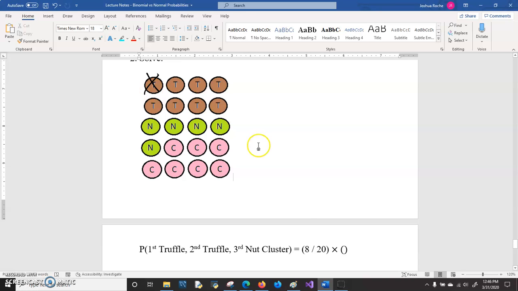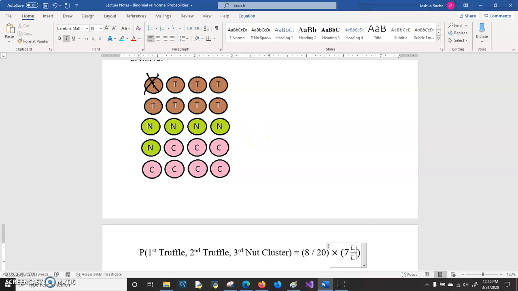Now the chances that we would pick out another truffle will be 7 out of 19. There are only 7 truffles left, and there are 19 chocolates left.